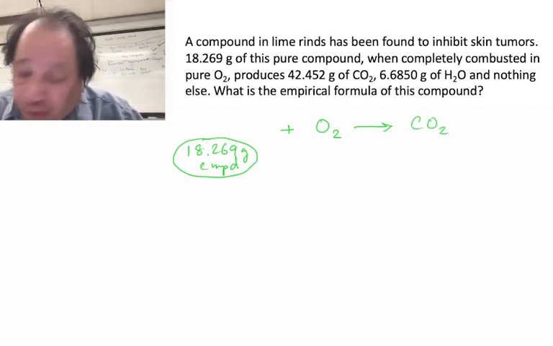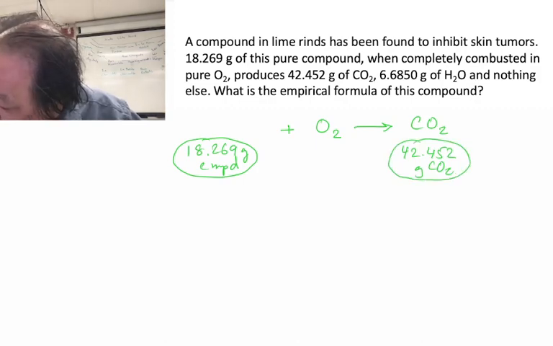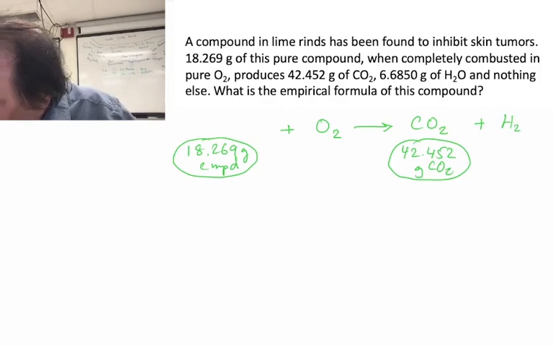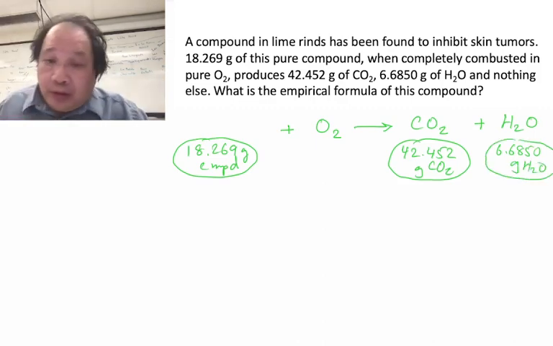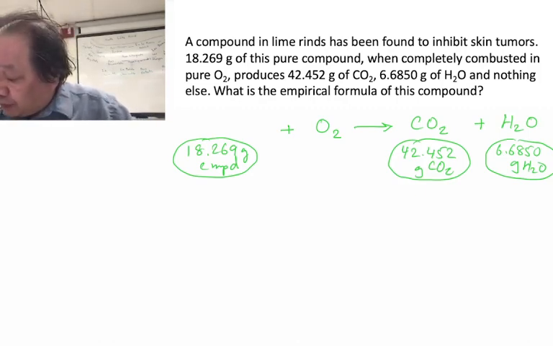It makes 42.452 grams of CO2 plus H2O, 6.6850 grams of H2O. Those are the only two products, and the question is, what's the empirical formula?